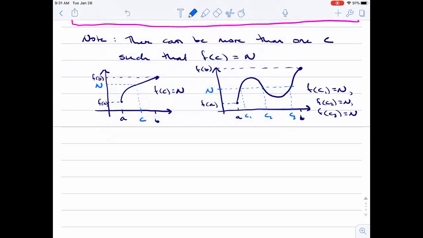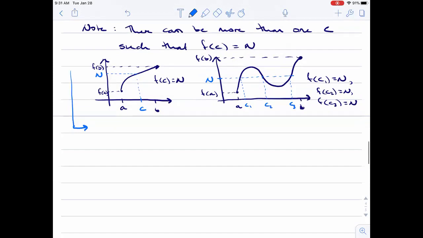How are we going to use this? If I want to know whether a continuous function crosses the x-axis, usually we call those solutions, or roots, if we want to find if there are any roots, then that's the most common way we use this theorem.